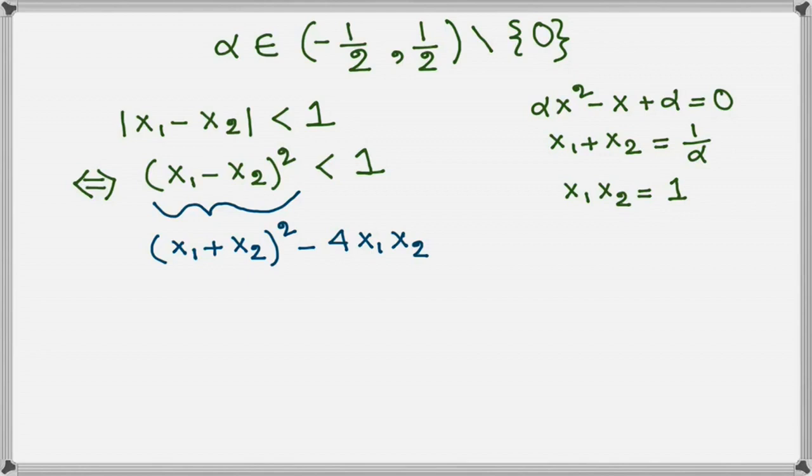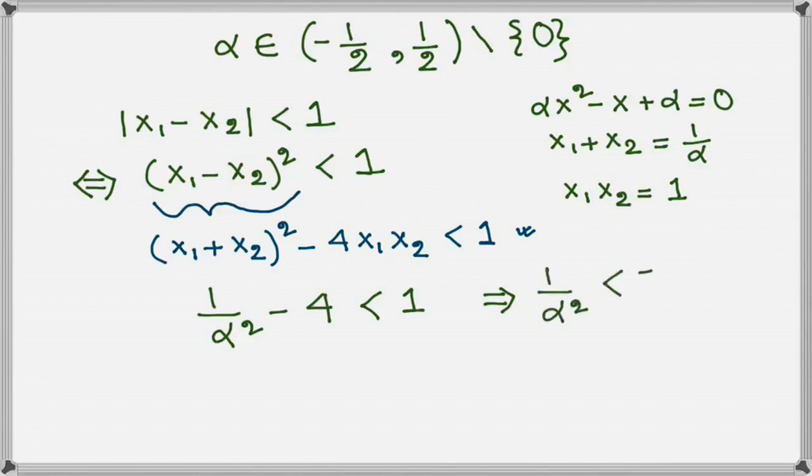Substituting these two values in the inequality here, we get (1 by alpha) square minus 4 is strictly less than 1. That means (1 by alpha) square is strictly less than 5. That is, alpha square is strictly bigger than 1 by 5.